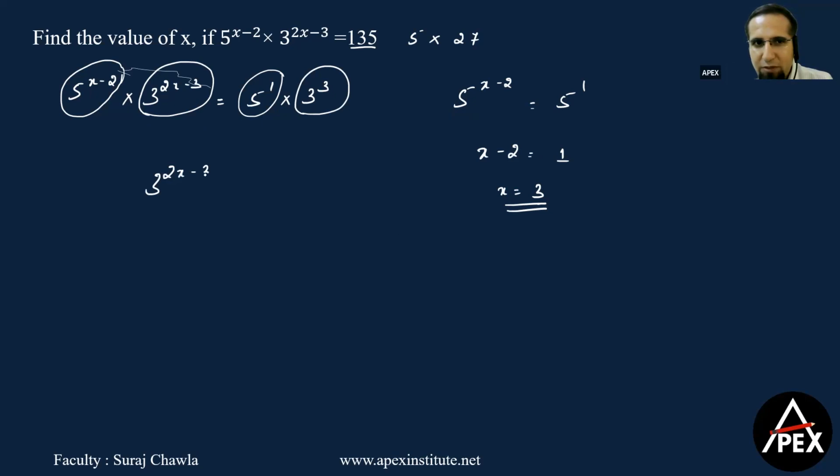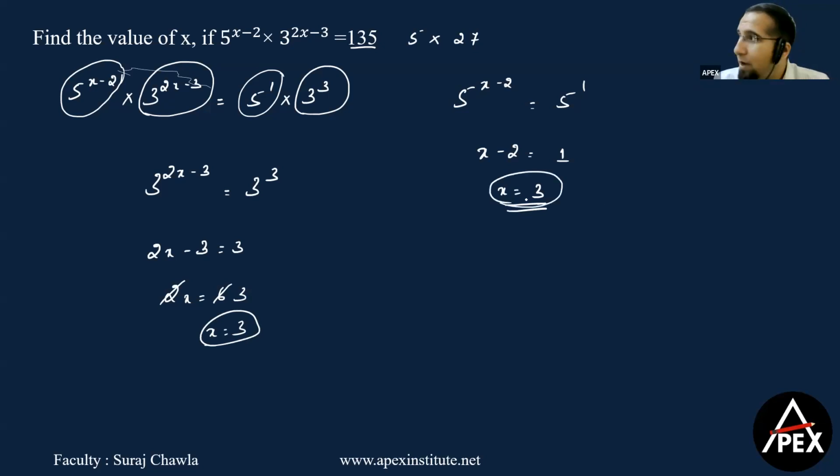Now I can equate the powers saying that 2x minus 3 is equal to 3. Clear? Or we have 2x is equal to 6, or we have the value of x is equal to 3. In both the cases, we get the value of x is equal to 3, and therefore that becomes our final value.